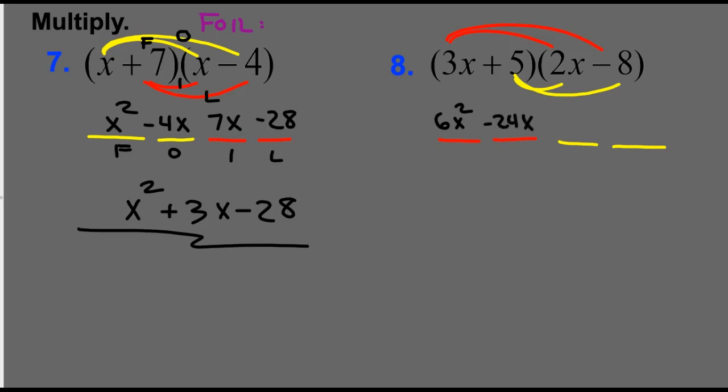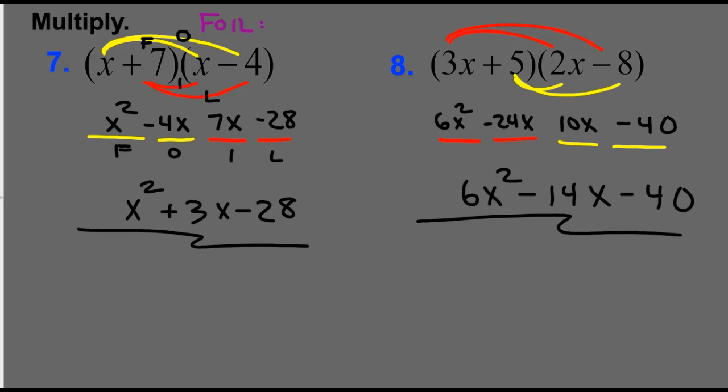The inside one is going to be positive 10x, and the last is going to be -40. The middle two combine to make -14x minus 40. Okay, are we good on that?